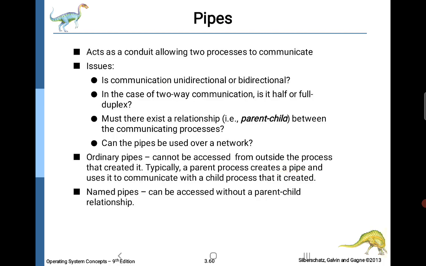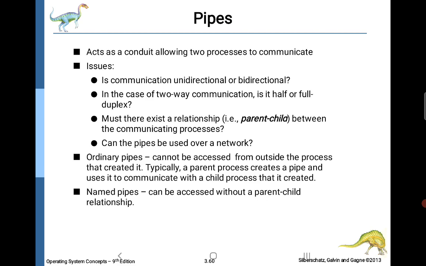One of the oldest forms of communication across a network is Unix pipes. Pipes were created by Unix for communication between two processes. Usually it was implemented to link two processes and not across a network, and these were called ordinary pipes.